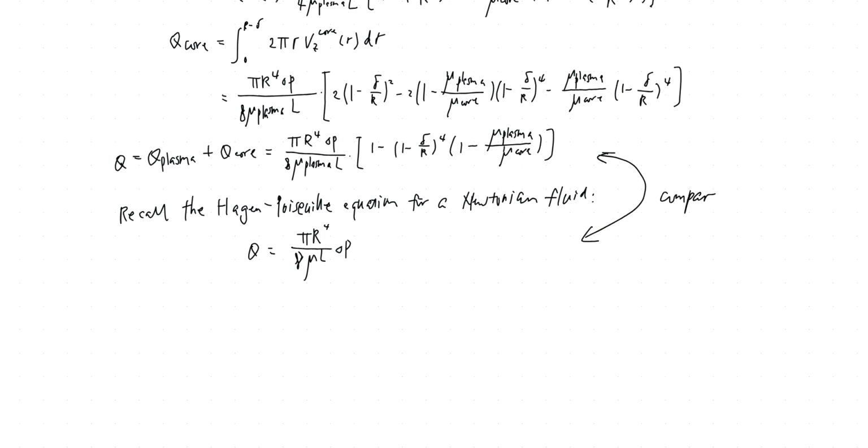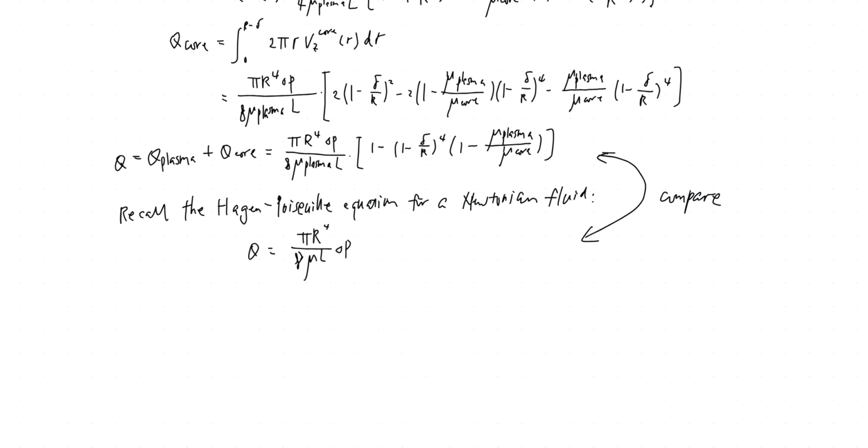you can see that for the blood vessel, when you have a core region and a plasma region, you have a correction term. So the coefficient in front of the square brackets is almost the same. You just have the regular mu replaced by mu plasma, and then in the plasma case, you have another correction term.